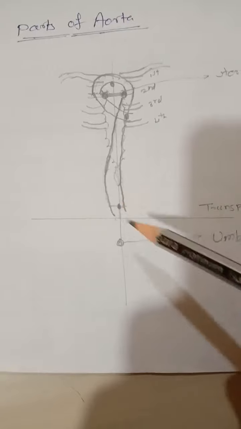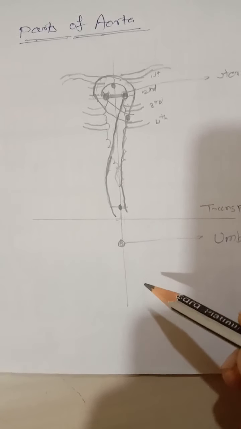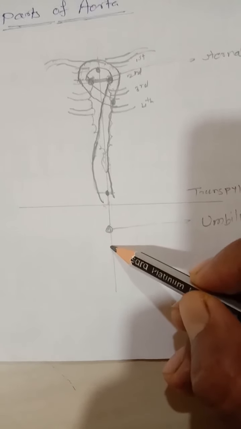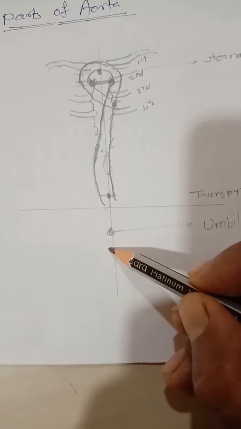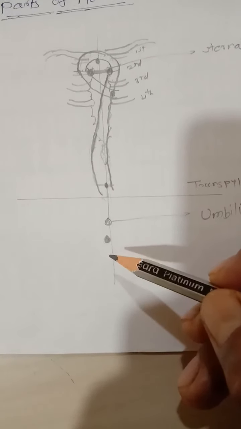Okay? Then mark a point 1.2 centimeter below the umbilicus. So here the umbilicus is present, and from it, exactly 1.2 centimeter below, take a second point.